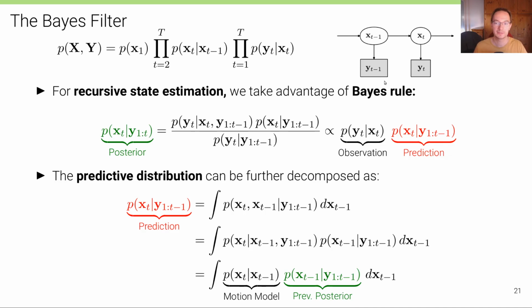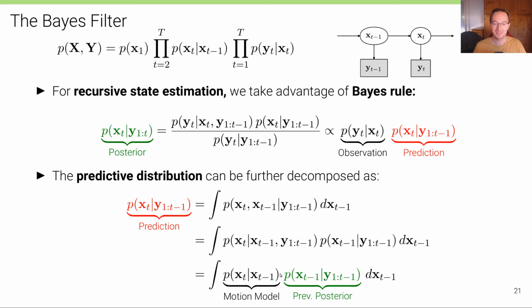So this is again the Markov property that we have exploited. So this expression here simplifies to this one here, which, as we see now, is simply the motion model. It tells us how the current state is distributed given the previous state. That's what we call the motion model.